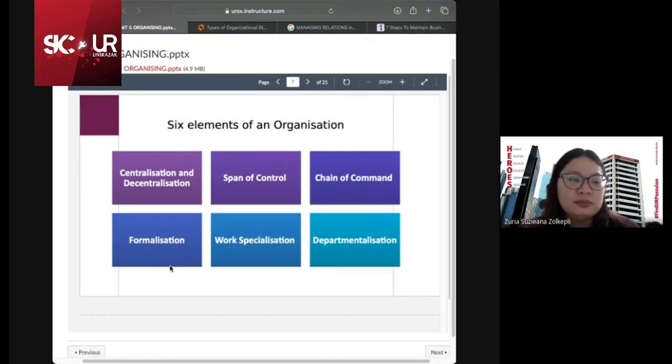But for informal, normally it is just to assist on something. Like I mentioned just now, we have a committee just to make sure that everything is smooth here. We do have a platform to report, to complain.